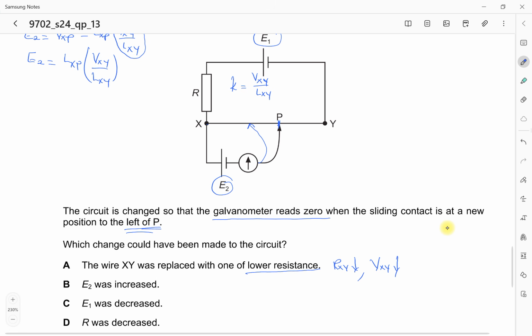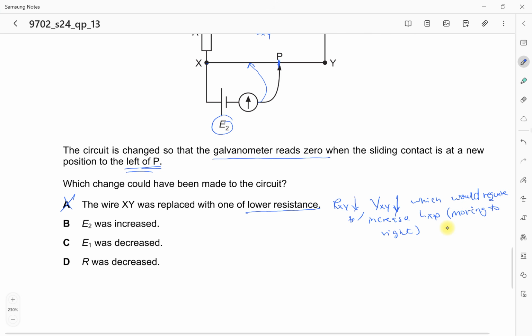So the PD across XY has reduced, which would mean LXP must increase to give us this equation here, which would require increasing the length XP. So this would mean moving to the right.